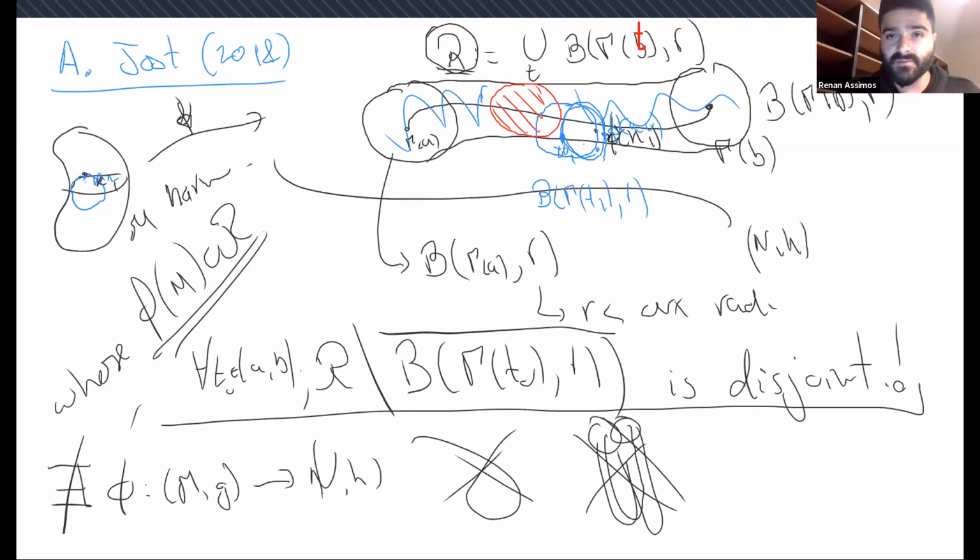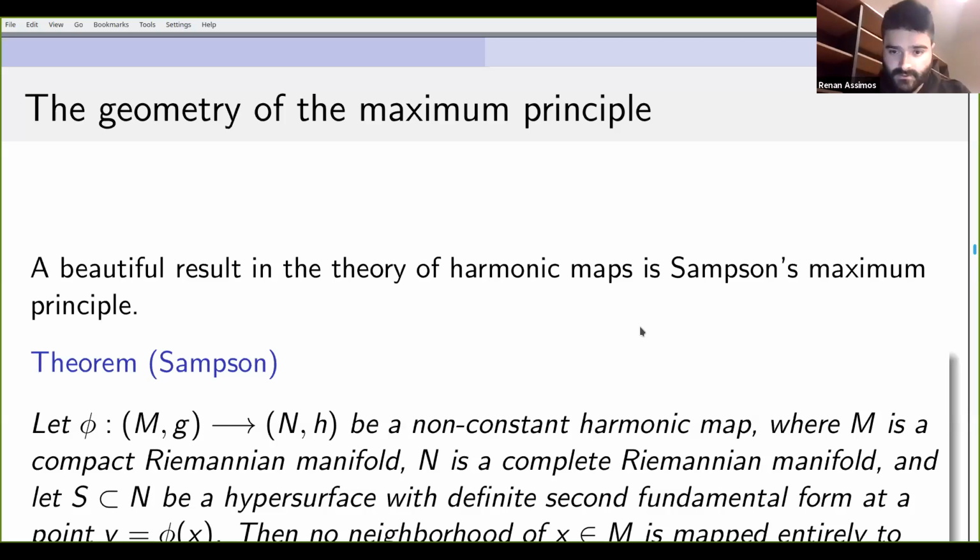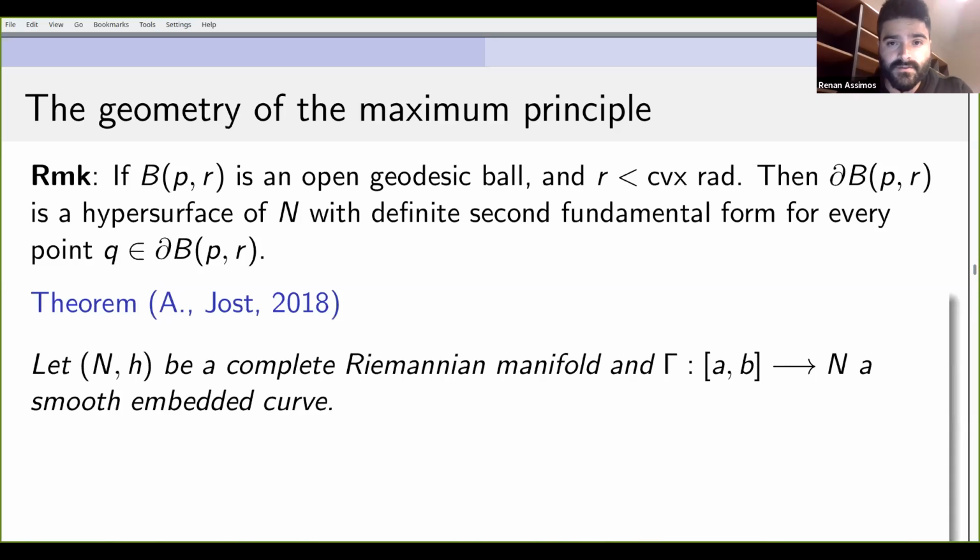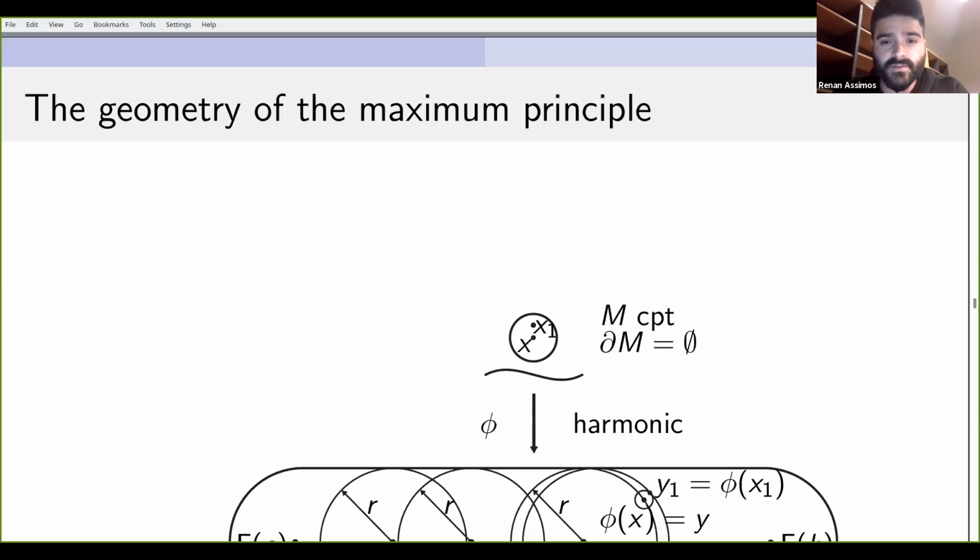I will share my screen here because I have a better picture of this. Can I reshare my screen? What I'm trying to draw, and it's complicated on the tablet, is the following picture. Can you go into presentation mode?